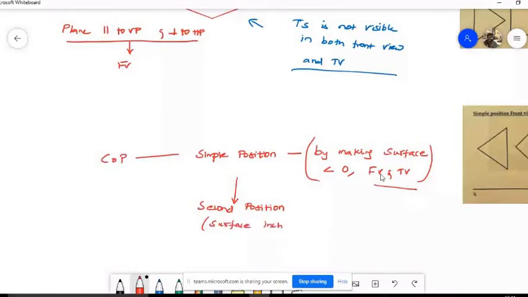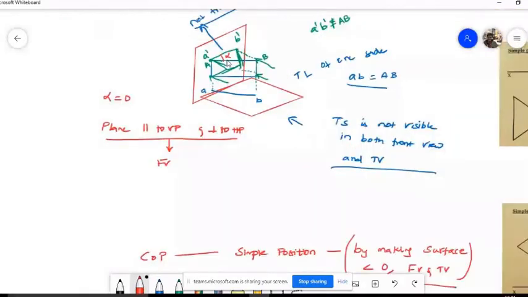For this problem, the surface inclination alpha will be visible in the front view or top view? In the top view. Yes, so you need to apply the surface inclination and start with the top view, then draw the corresponding front view.